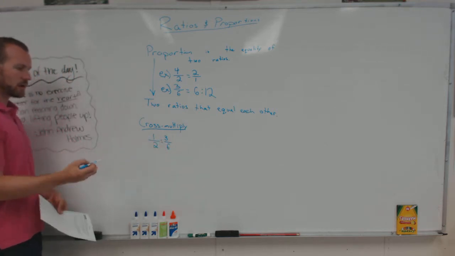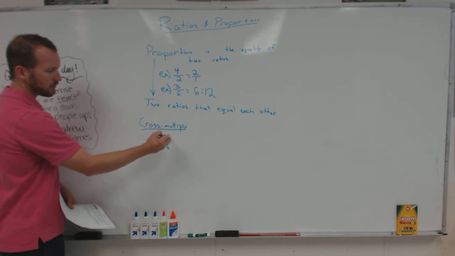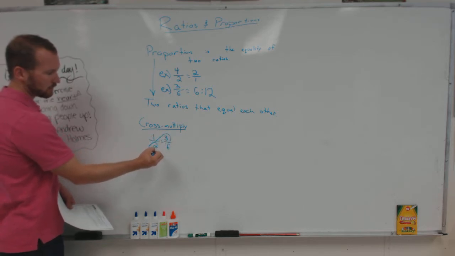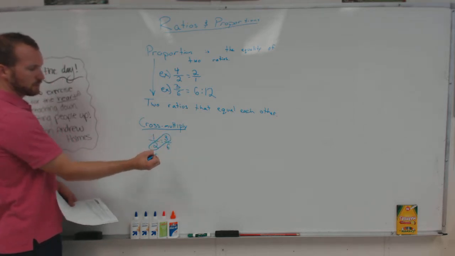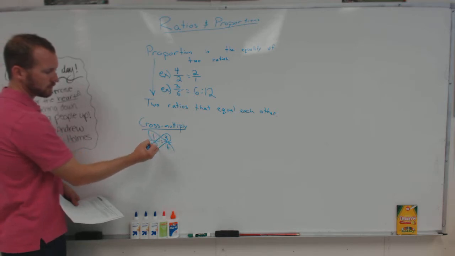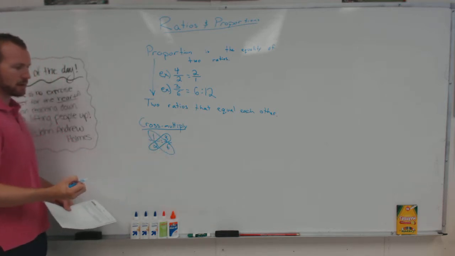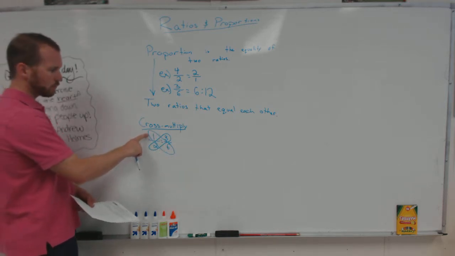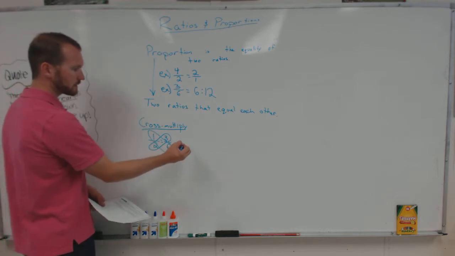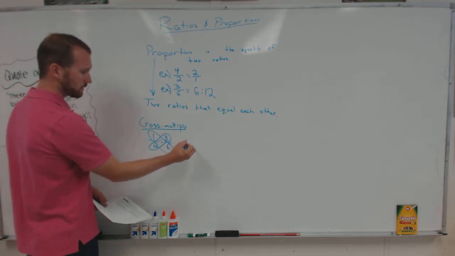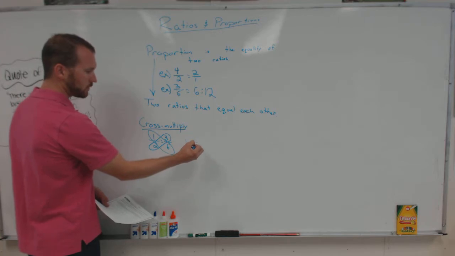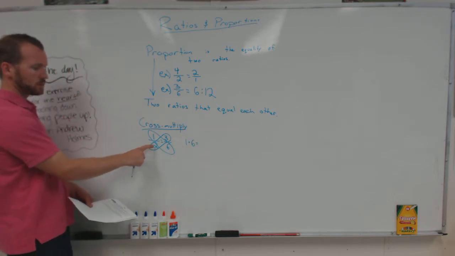To cross multiply, we're going to take the numbers that are across from each other in the proportion and multiply them. So I'm going to do 1 times 6 equals 2 times 3.